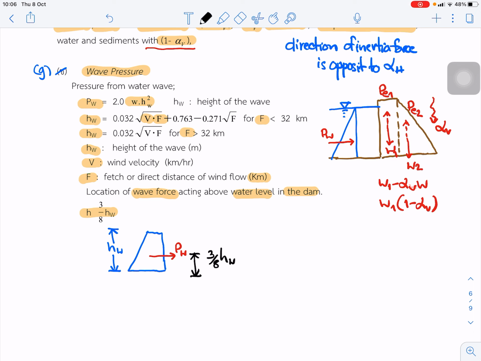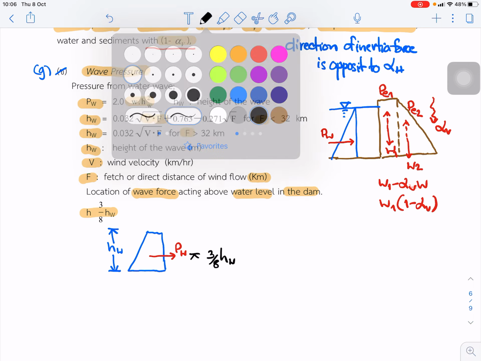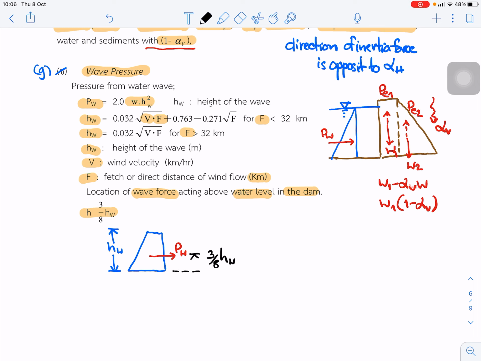The acting force is about 3/4 of the 8 h time of HW.